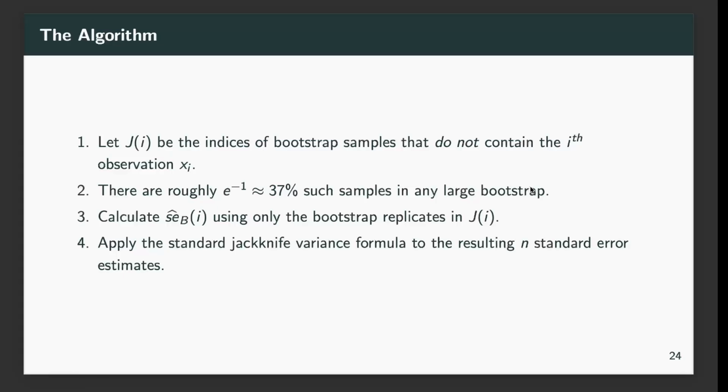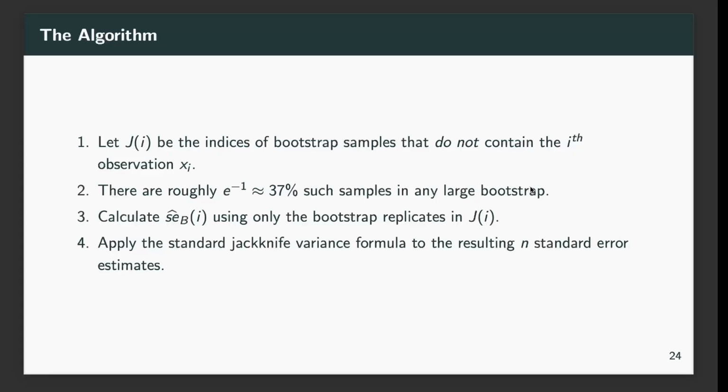The final step is to apply the standard Jackknife variance formula to the resulting estimates, the SE hat of 1, the SE hat of 2, the SE hat of 3, and so on. This will give you the Jackknife estimate of the variance of the Bootstrap standard error, and then you can assess how stable your Bootstrap analysis is, and it can also help you identify any influential observations.